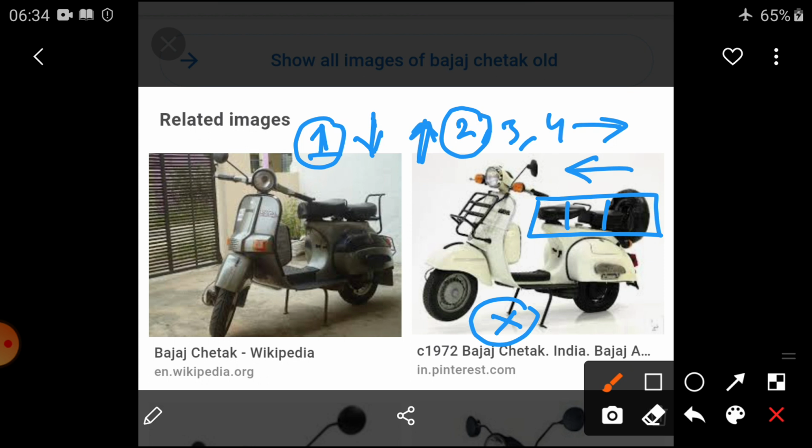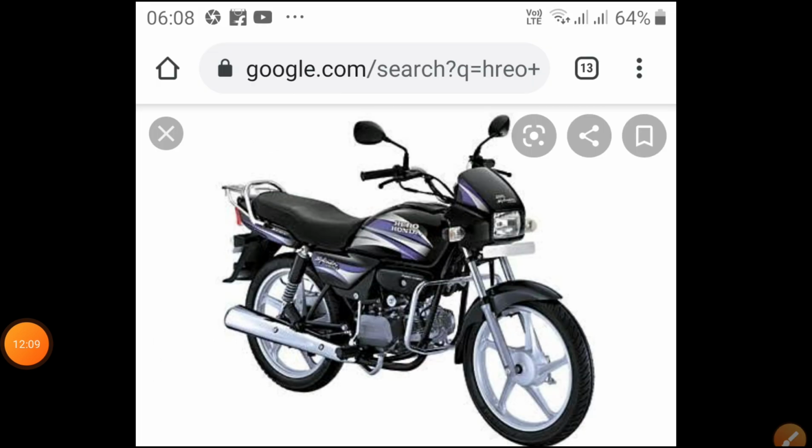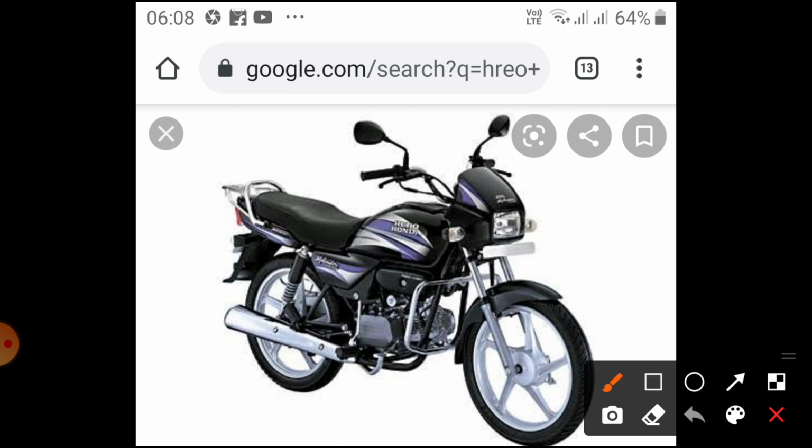Similarly, that was an older vehicle, and now you can see a latest vehicle. Everyone knows this is the Splendor, the Hero Honda vehicle. Have you ridden it? Here also there is a gear system, first, second, third and fourth gear. While starting this vehicle you initially apply the first gear only, then slowly raise the accelerator and it speeds up.